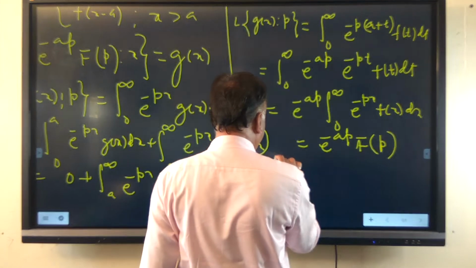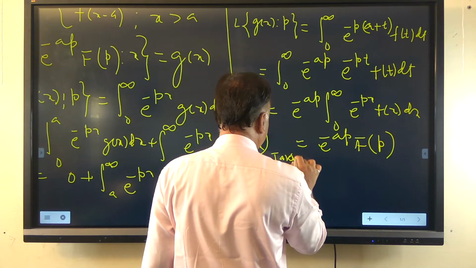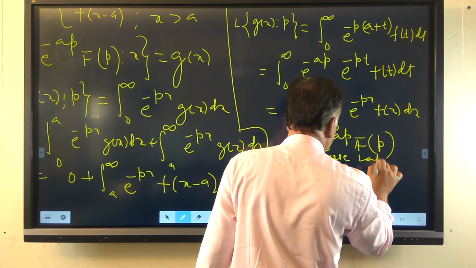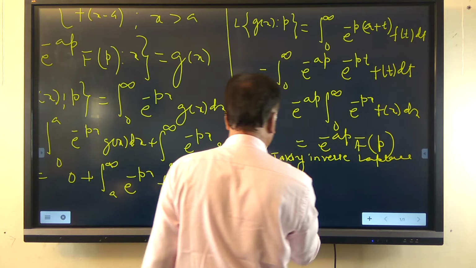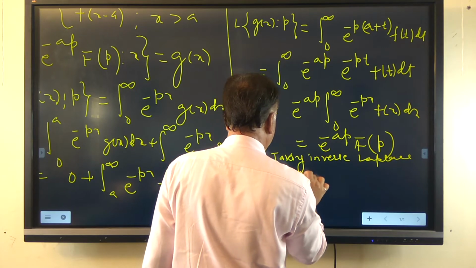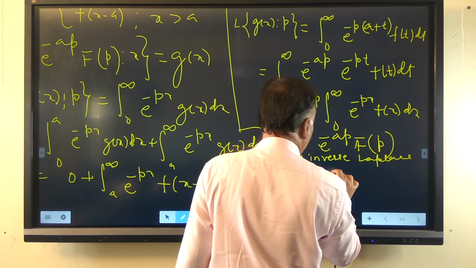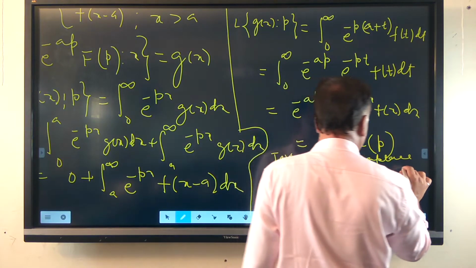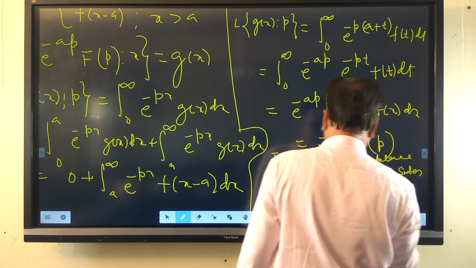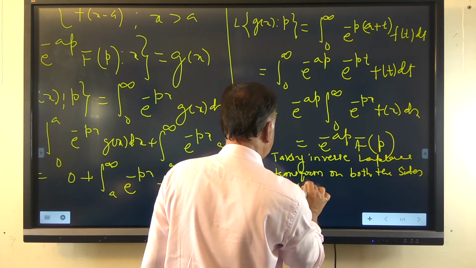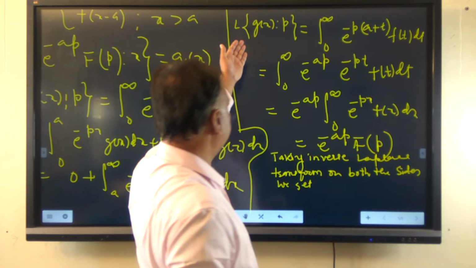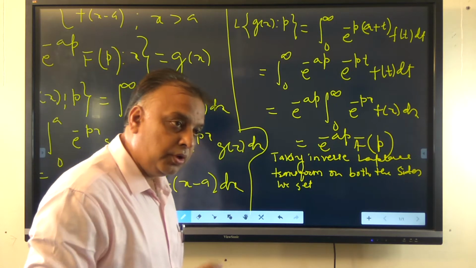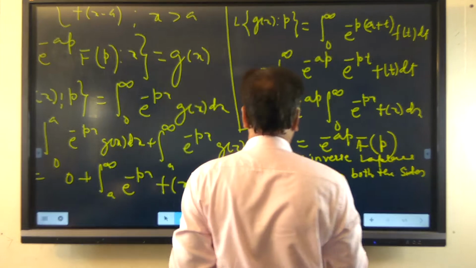Now taking the inverse Laplace transformation on both sides, we get the inverse Laplace transformation of the left hand side, the Laplace transformation of g(x) with respect to p, and if it is inverted, then it is equal to g(x).